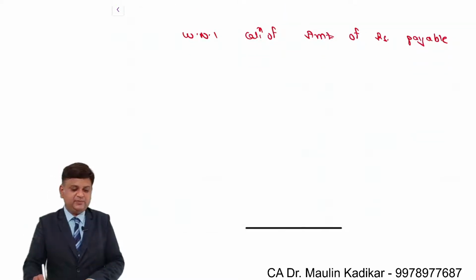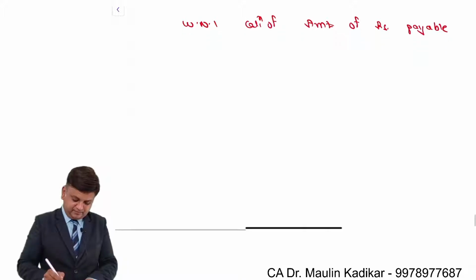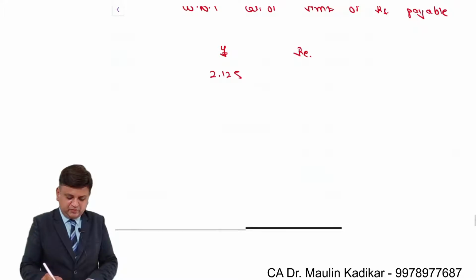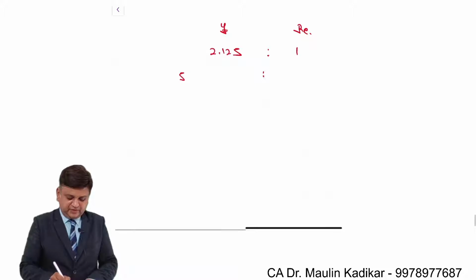What is the strike price? 2.125. So Japanese yen and rupees: 2.125 Japanese yen is equal to 1 rupee. So for 5 lakhs of Japanese yen, it is this amount of rupees.